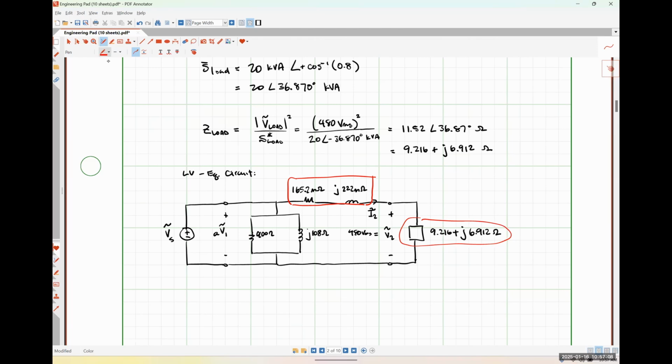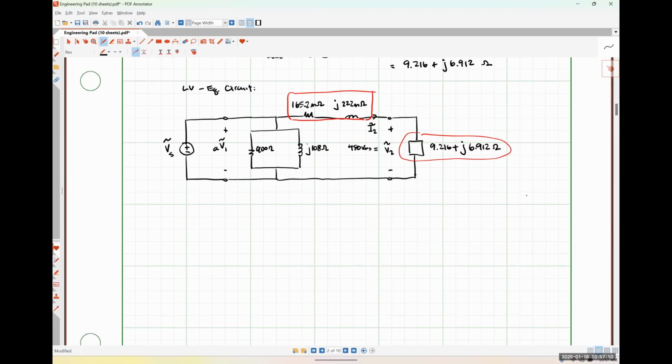So we could say, using voltage division, not having to bother with finding currents all over the place, that our voltage A times V1 is just going to be, actually, let me write that this way.